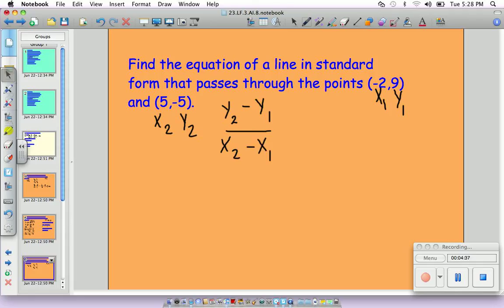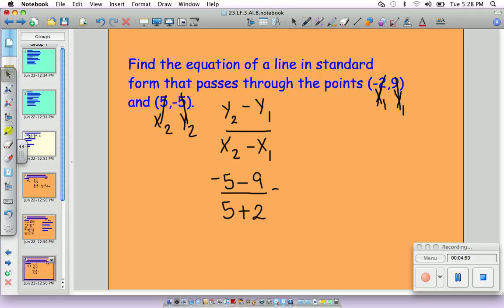So here we go. Y sub 2 is negative 5 minus y sub 1, which is 9, over x sub 2, which is 5, minus x sub 1, which is negative 2. When I put the negative 2 here, it's going to make it positive 2.